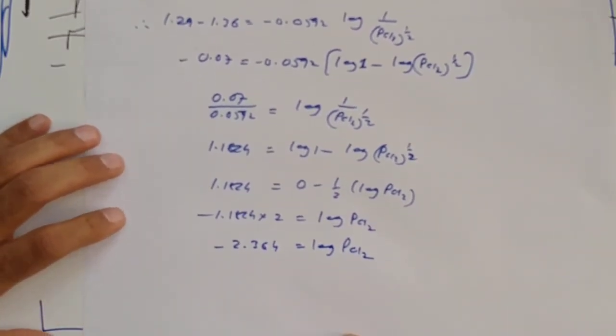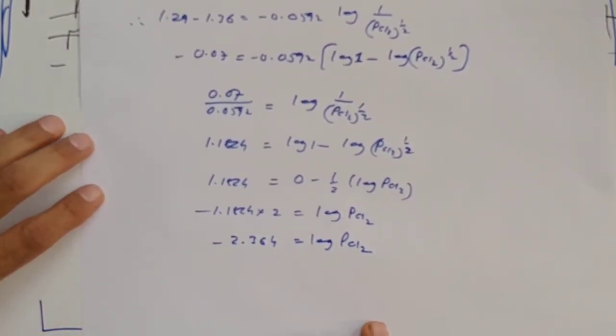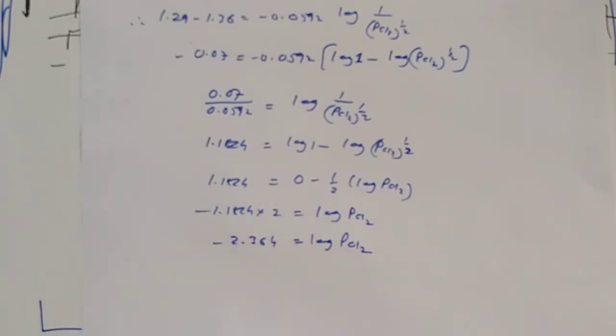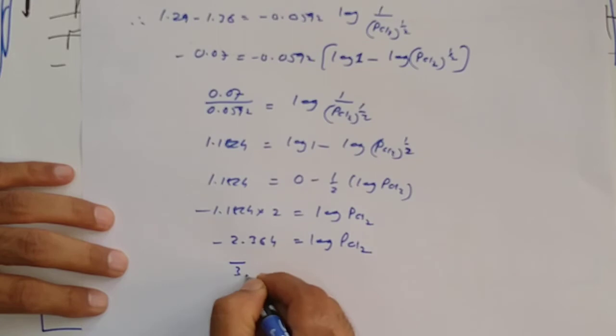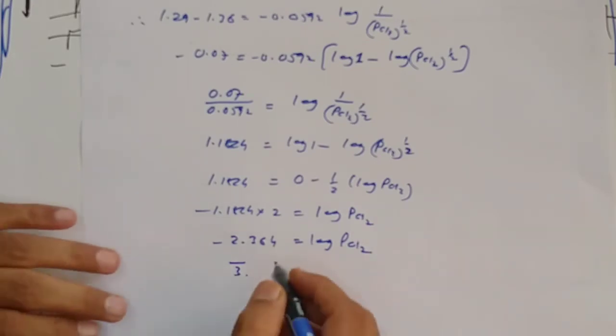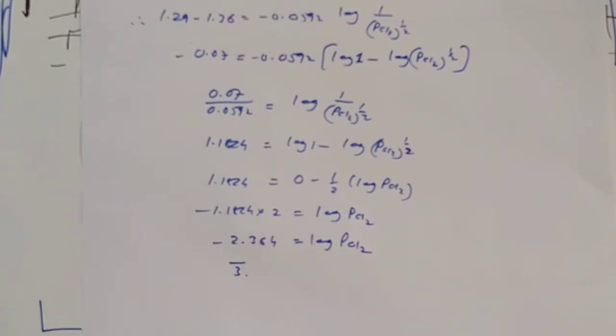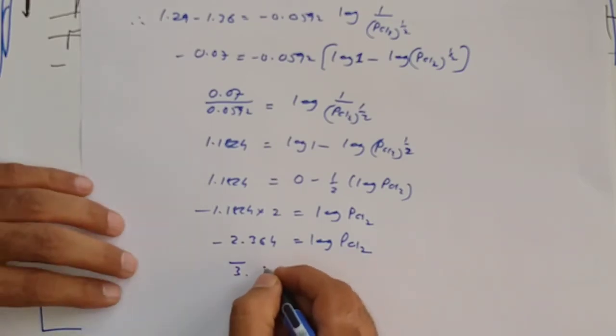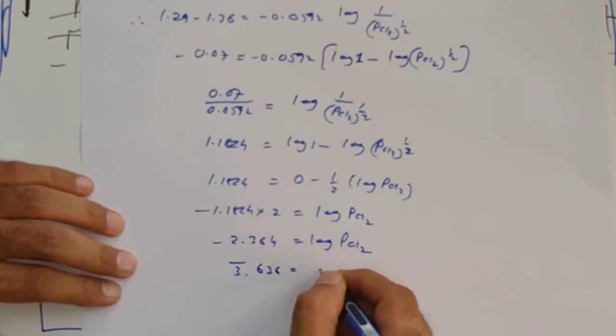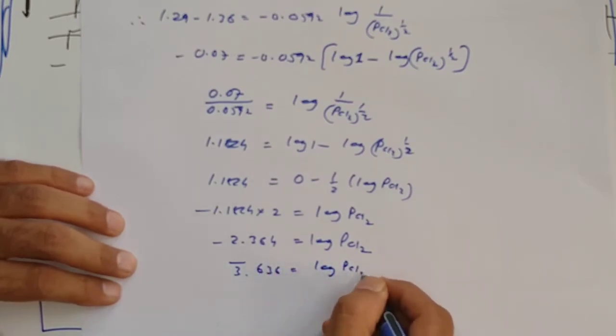But when we apply antilog on both sides, a minus value is not allowed in antilog, so bar 3 and 364 minus from 1, so here 636 is the log of the pressure of Cl2.